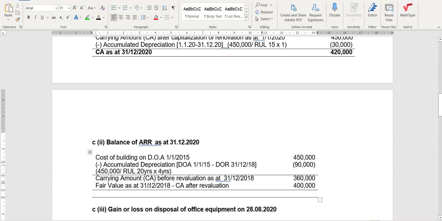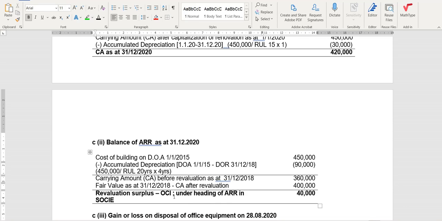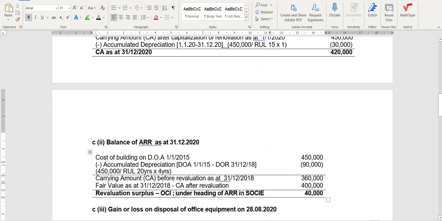Yeah, at the end of the year means as at 31st of December 2018, the carrying amount is at the revalued amount, 400,000. And therefore the difference is 40,000, and that difference will denote revaluation surplus, which is disclosed as other comprehensive income and later will be shown as a heading under the item asset revaluation reserve in the statement of changes in equity. So that is part of equity movement.